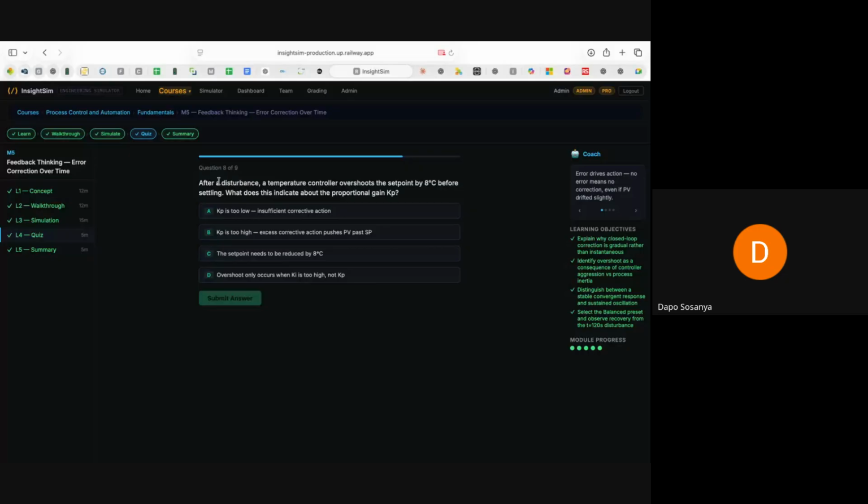So after a disturbance, a temperature controller overshoots the set point by 8 degrees before settling. What does this indicate about the proportional gain? KP is too high. Okay. B. Any other opinion? B. Okay.